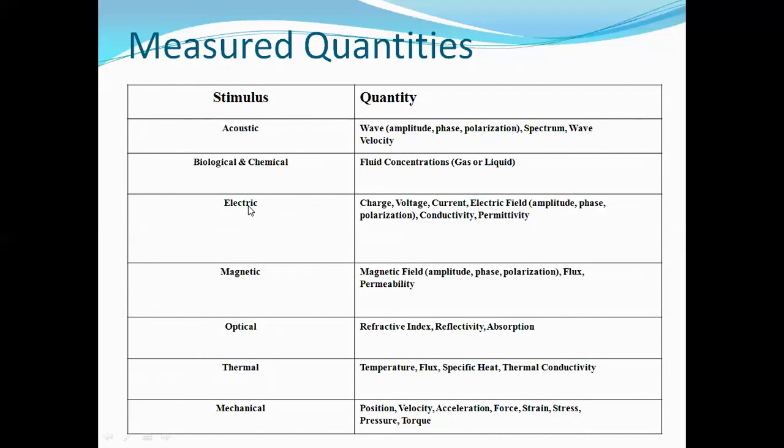In the case of electrical stimulus, parameters such as charge, voltage, current, electrical field such as amplitude, phase polarization, conductivity, permittivity, and capacity will be measured. In the case of magnetic stimulus, magnetic field variations, flux generations, and magnetic permeability are measured with respect to the quantity.